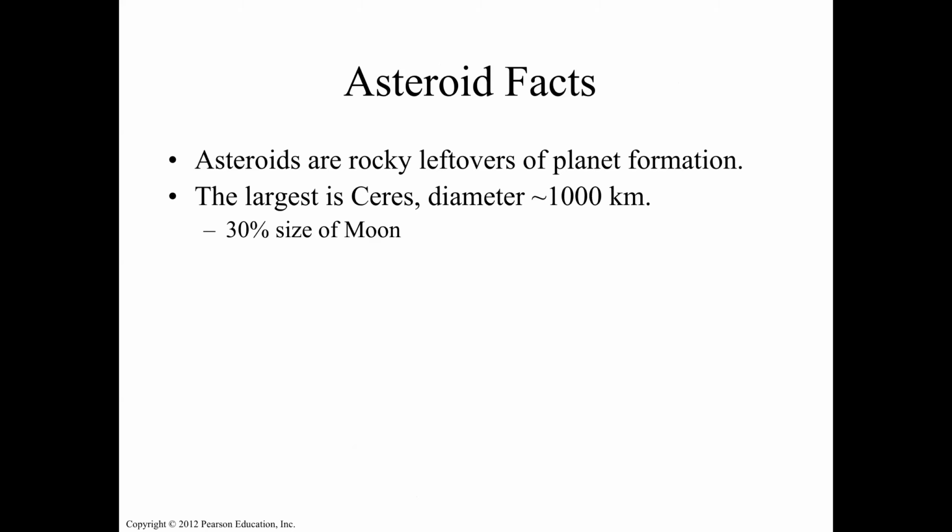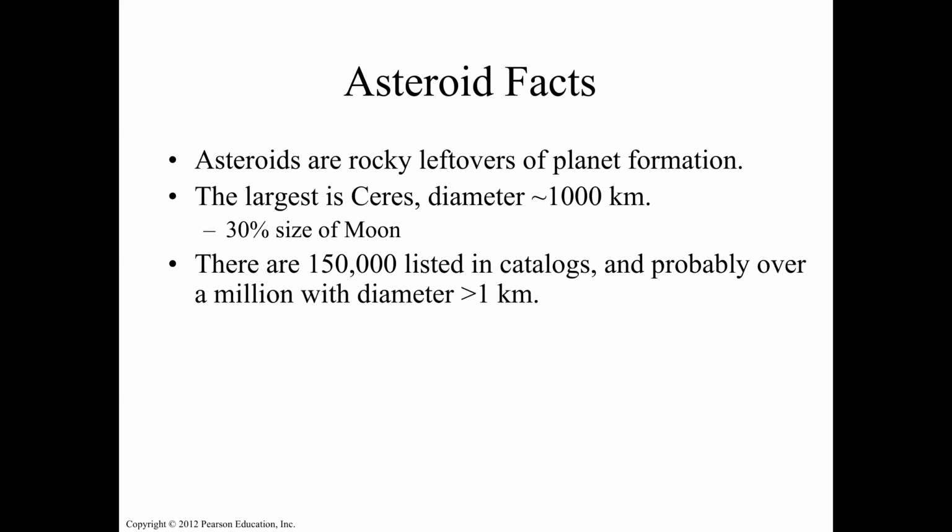Ceres was first captured in an image by an Italian astronomer on the first day of the 19th century, January 1st, 1801, and it's one of the biggest asteroids that we have. Since then, thousands and thousands of asteroids are known, and there are probably over 1 million of them that have a diameter of more than 1 kilometer.